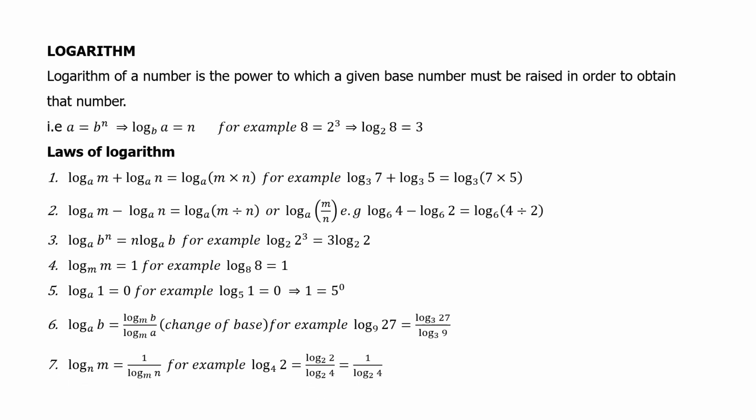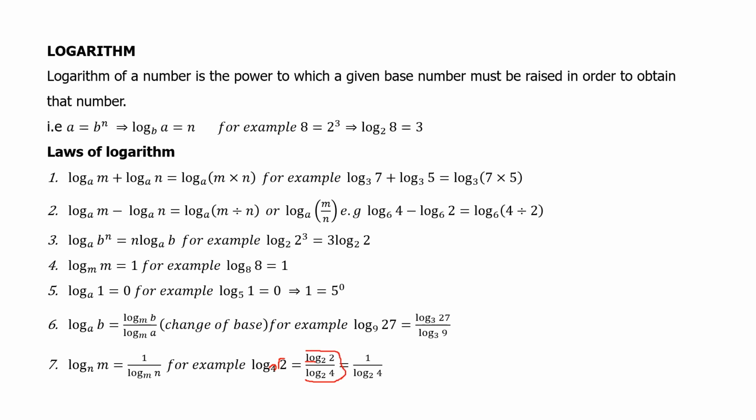The last one comes from the previous one, that is the change of base. When we have log of m base n, this is going to be equal to 1 divided by log of n base m. An example is log of 2 base 4 is equal to, first I'm going to introduce the base of 2 in the upper part, then the lower part as here.